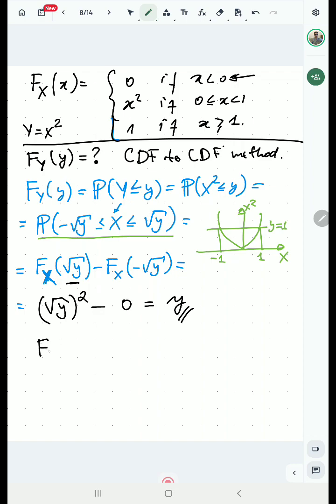And here you have to say that Fy of y is equal to y itself once x is varying between 0 and 1, right? Then x squared is also going to vary between 0 and 1.